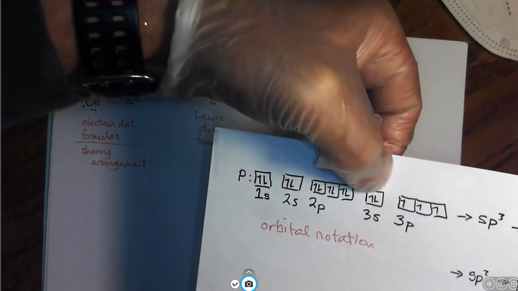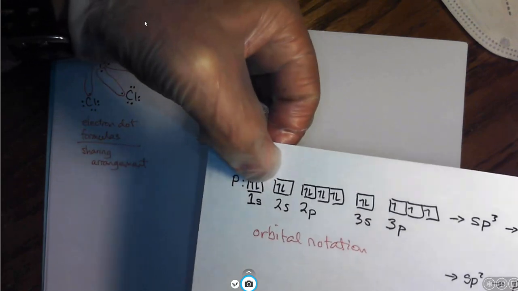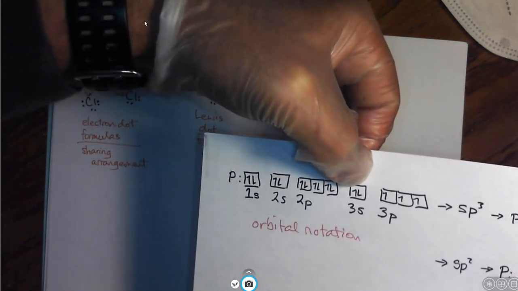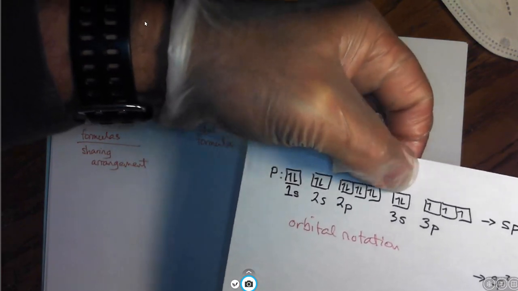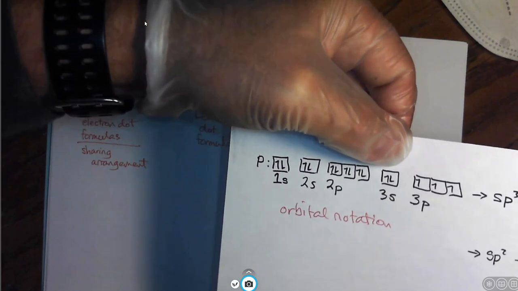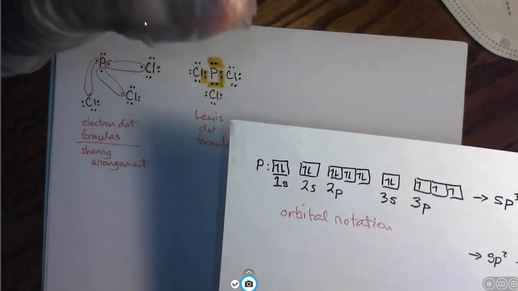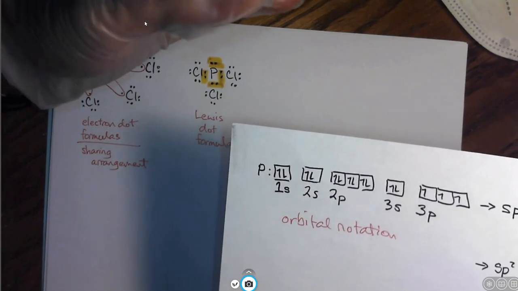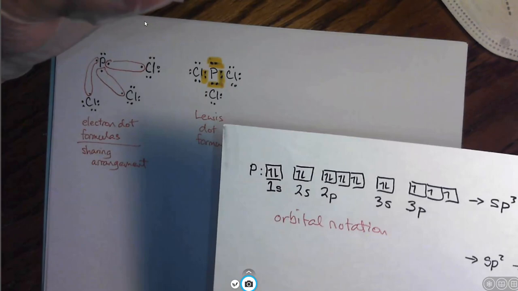With orbital notation, the arrows represent electrons. We don't do anything with the lower level. We only do things when we're talking about electron dots. We're only talking about the valence level, and the valence level is the only place that bonding takes place. In college you may find out other things, but right now we're just going to assume that only the valence level, the s and p orbitals in the highest energy level, will do any kind of bonding.